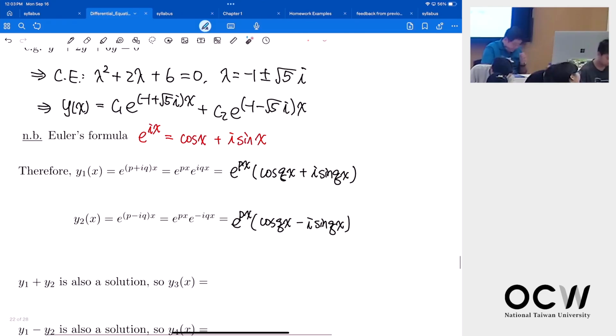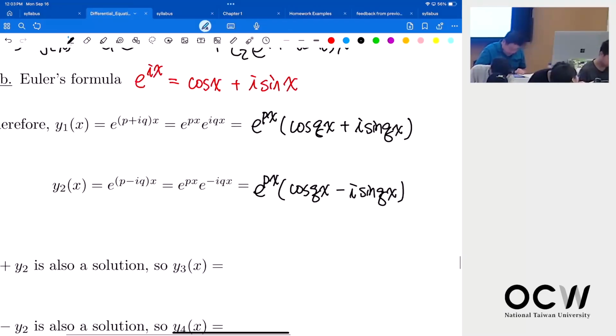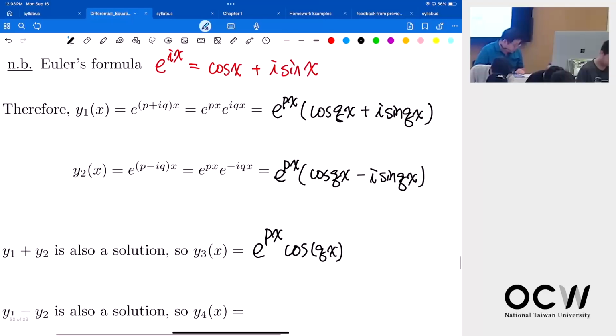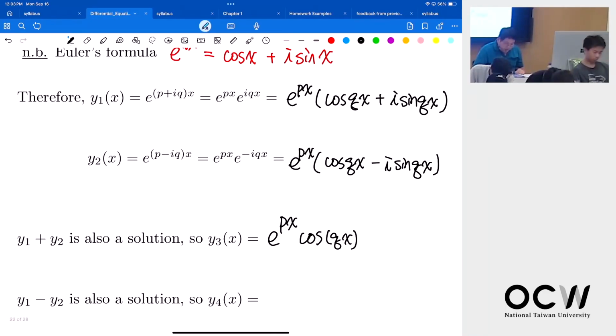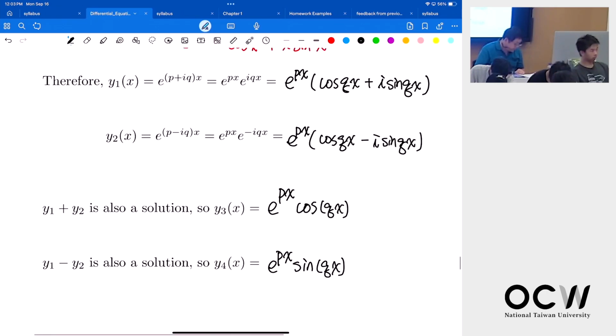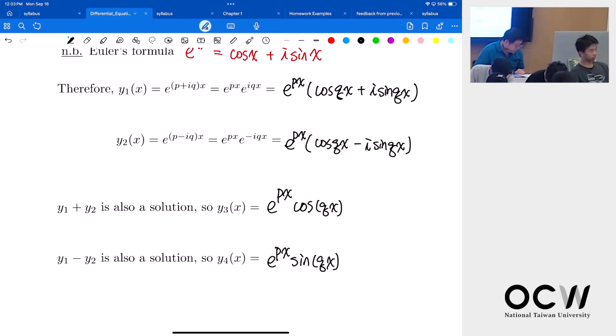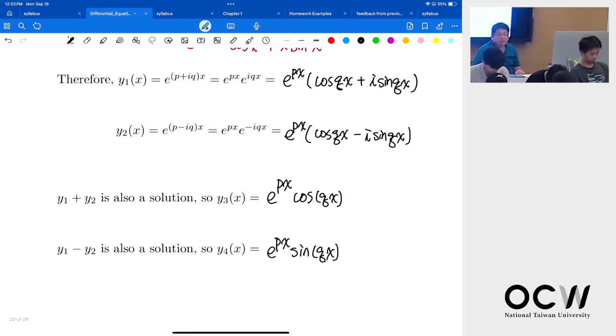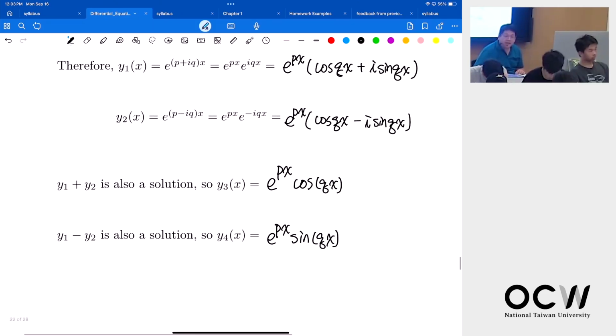We have e to the px cosine qx, and y1 minus y2 is also a solution. So the other solution is e to the px sine qx.